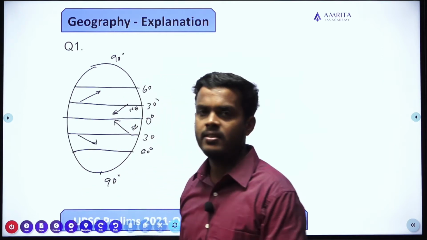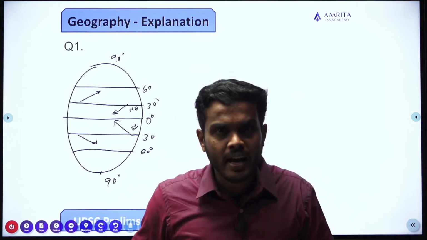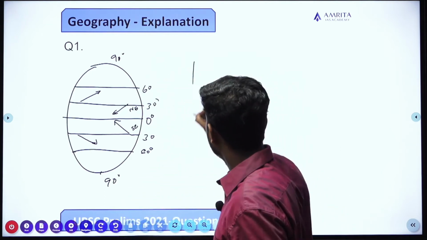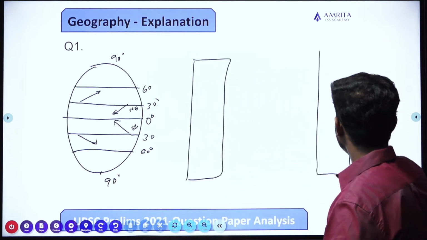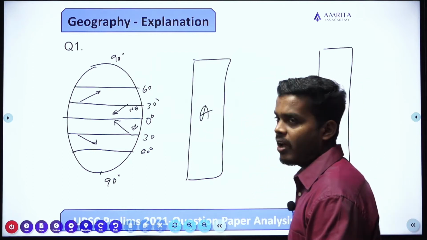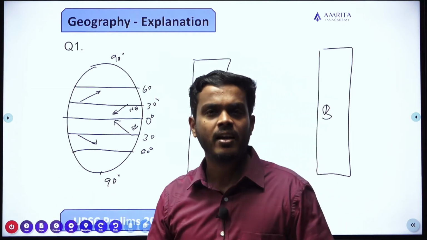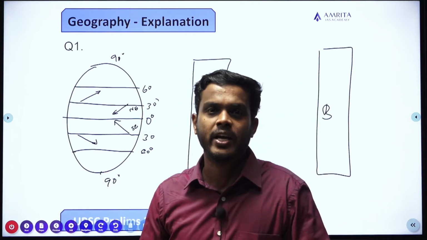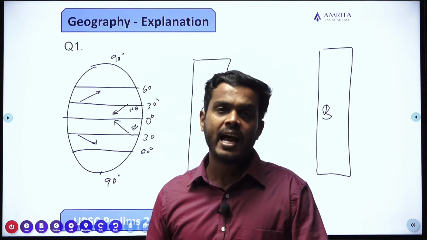So now consider a continent and an ocean. Suppose we have two continents, A and B. I draw this figure just to explain how these trade winds affect the movement of ocean currents. If you know the basics of that phenomenon, then you can easily answer the question.